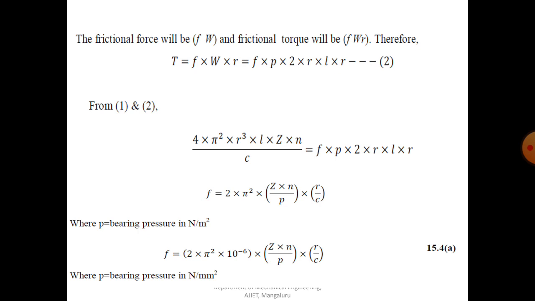P is the unit bearing pressure, which should be in megapascal or Newton per millimeter square. R is the radius of the journal, and C is the radial clearance. So this is the standard equation, equation number 15.4a.